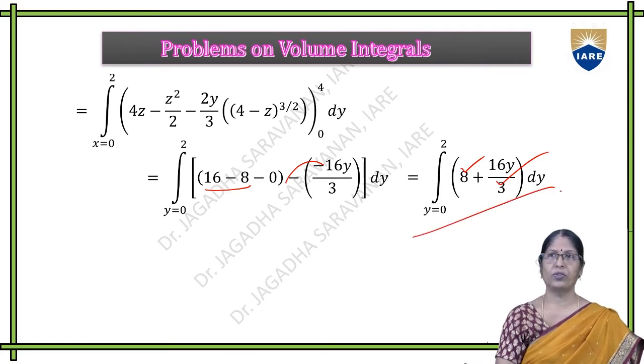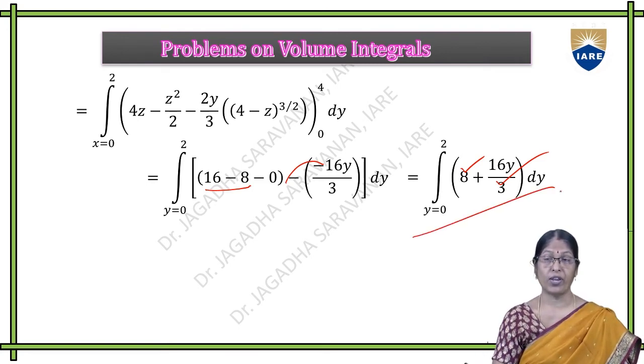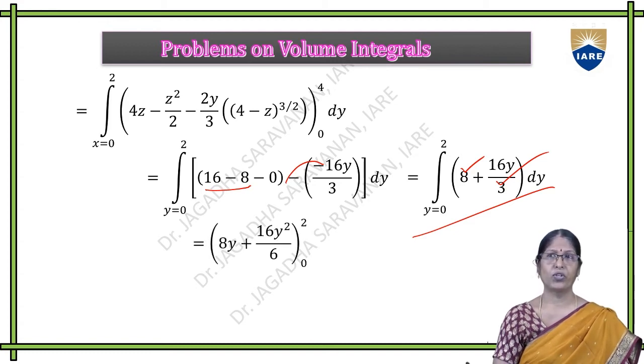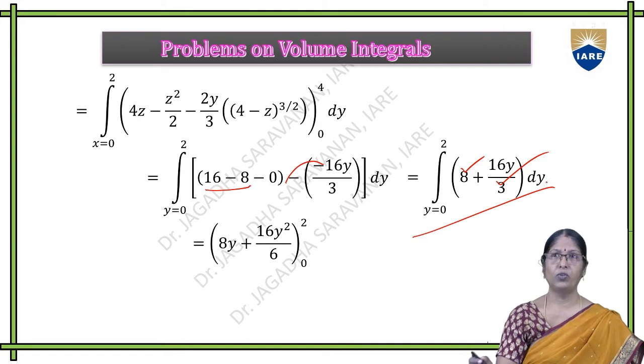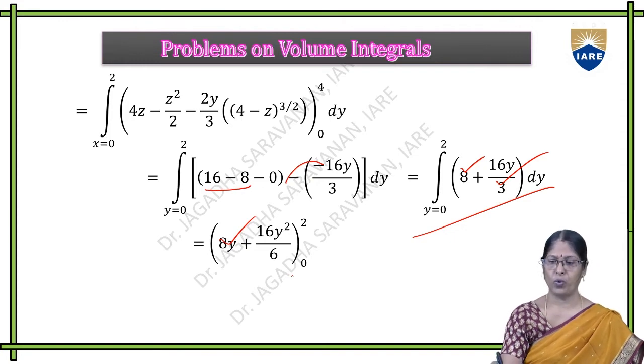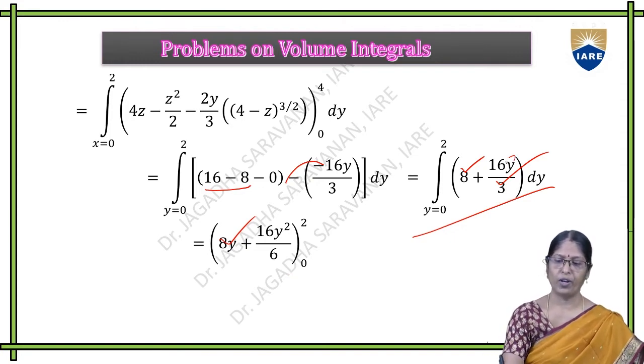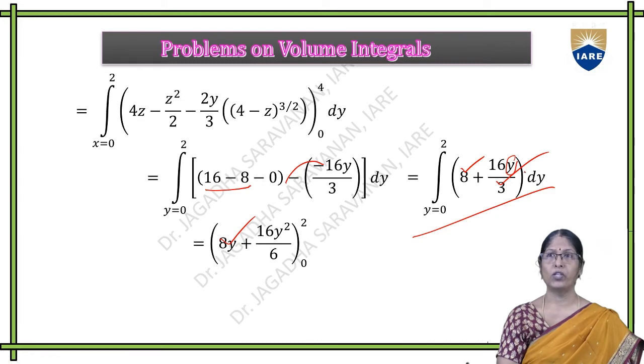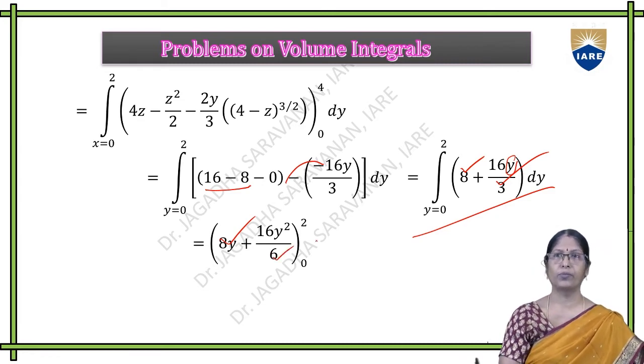So we reached the outermost integration which is left over. The outermost integration is 8 dy plus 16 by 3 y dy, because y we are integrating, y square by 2, 2 into 3, it has become 6.